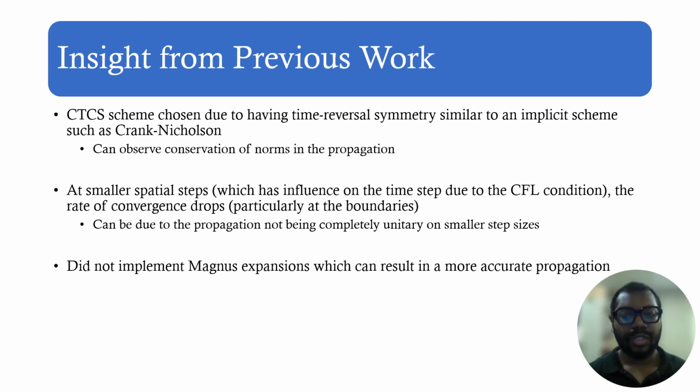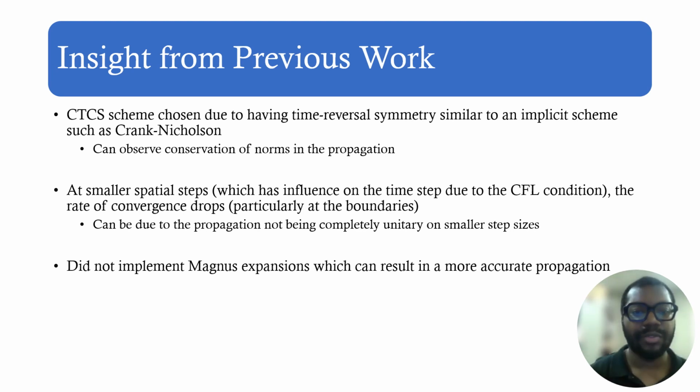Now, this previous work is important because there are some key insights that I gained when doing this research. One is that the CTCS scheme was chosen due to it enforcing that time reversal symmetry that's necessary, very similar to an implicit scheme. With this time reversal symmetry, I observed that there is a conservation of norms in the propagation.